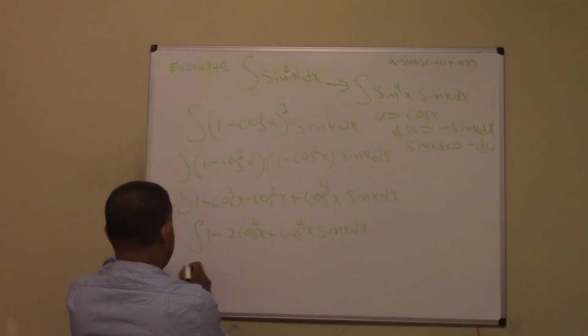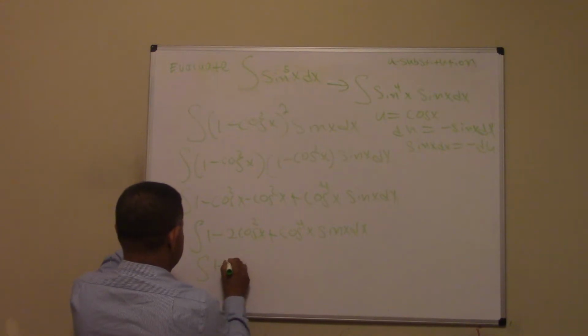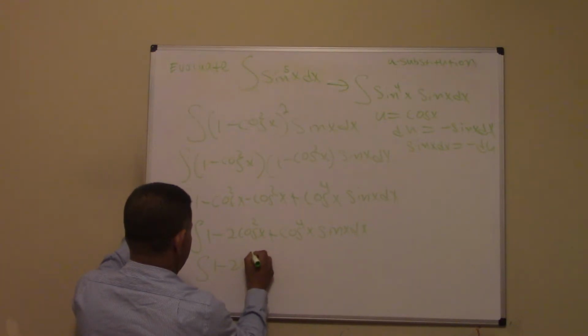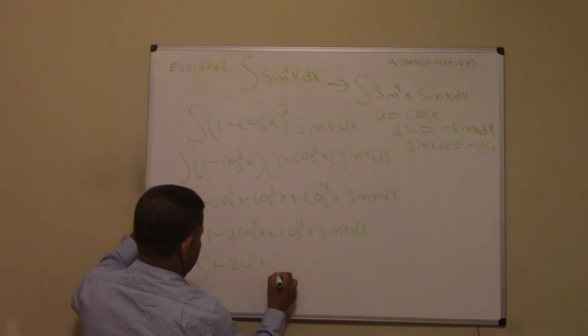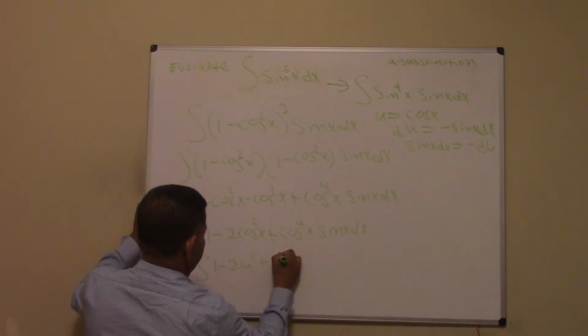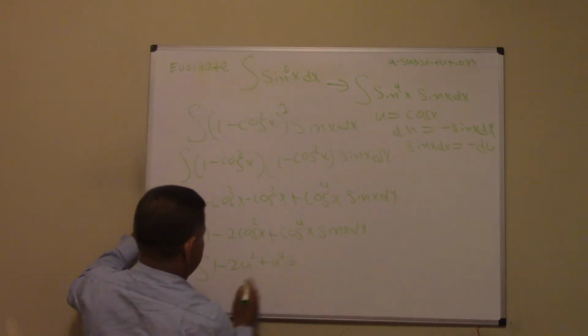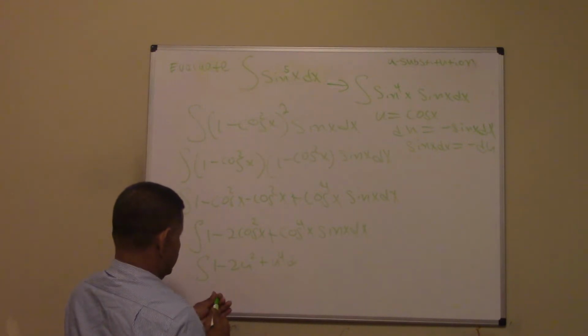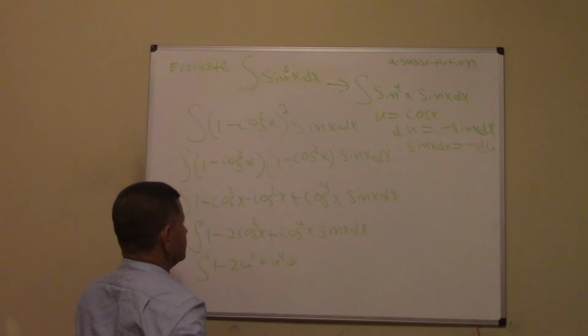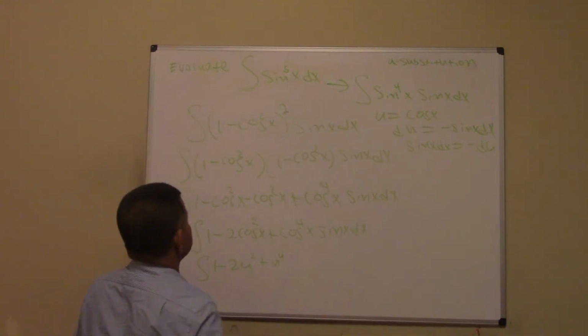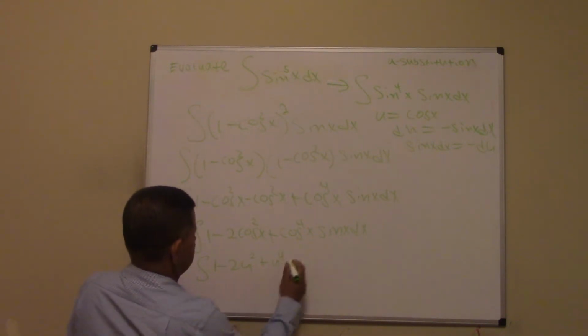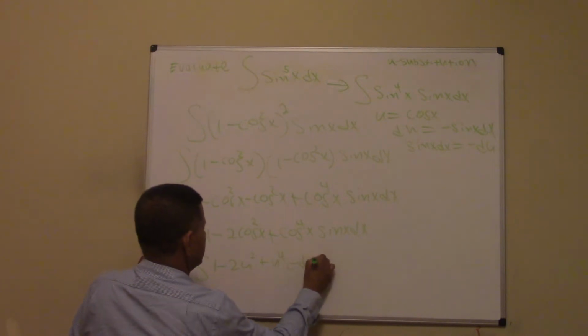So negative, and I can say the integral of 1 minus 2u squared plus u to the fourth, negative du, right?